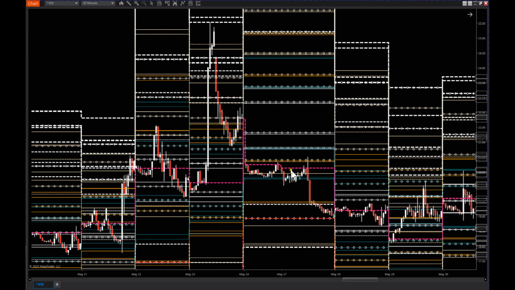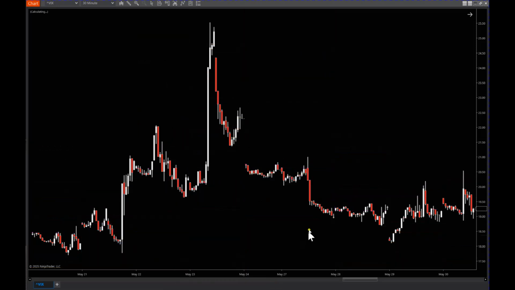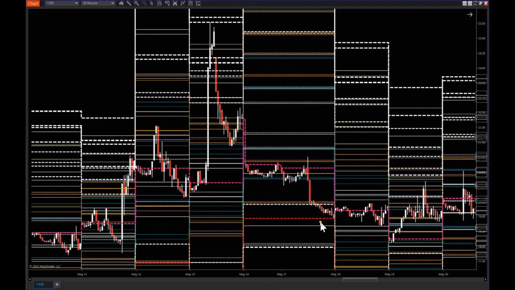And this is off of that 14 period close. And it went to the 68%, 0.68, outside the 3. So instead of 0.25, 0.5, 0.75, 1, I changed it to 0.68 because that's exactly where it went, which is a statistical level, 34, 68, 95, right there, 68.